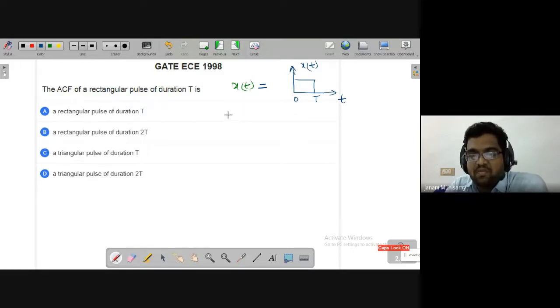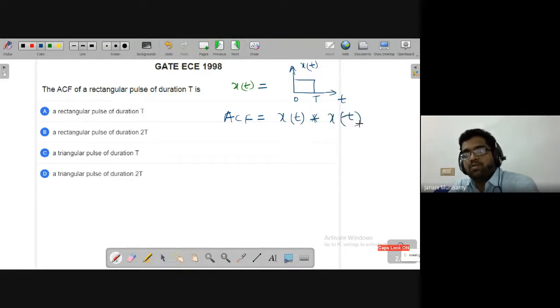So we should know the basic formula for the ACF. Please refer to the basics. Directly we can write x of t convolution with x of minus t. This is the basic formula of the autocorrelation function.